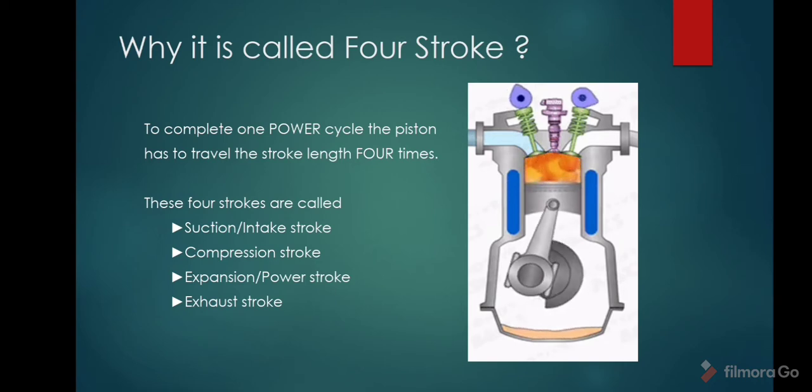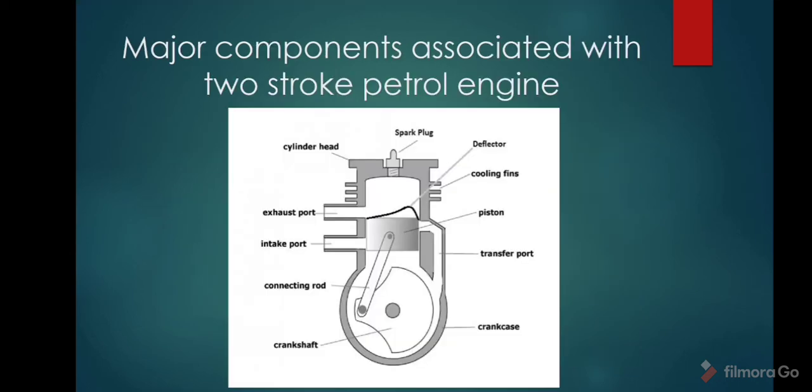Now let's see a 2-stroke petrol engine. Here in this figure, I have shown you a 2-stroke petrol engine, in which this part is known as cylinder head. This is spark plug. These are cooling fins.